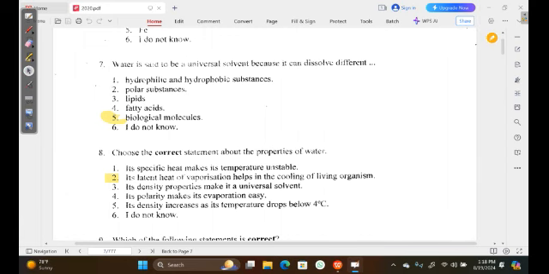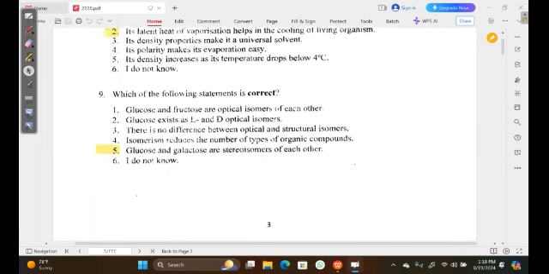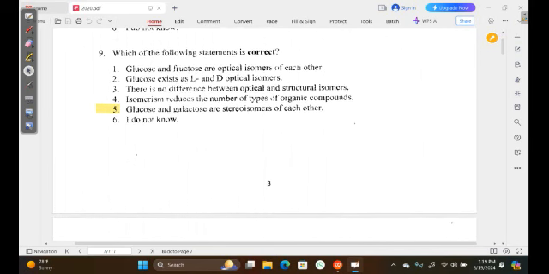So question 9 reads, which of the following statements is correct? Glucose and fructose are optical isomers of each other. In as much as this might sound right, it's actually wrong because glucose and fructose are structural isomers.